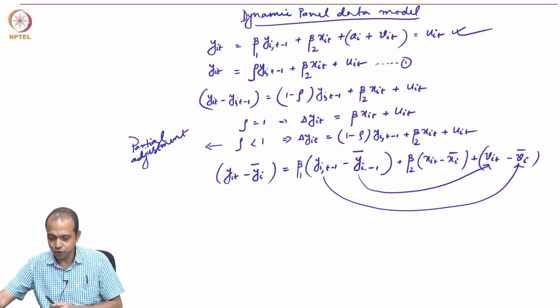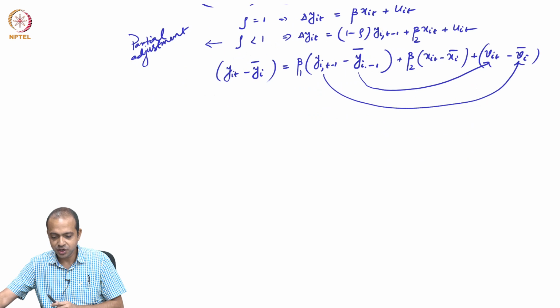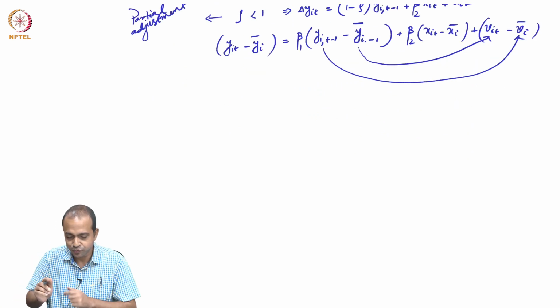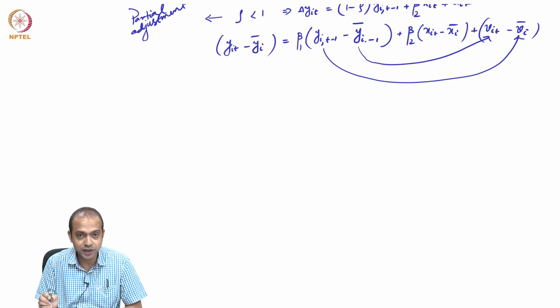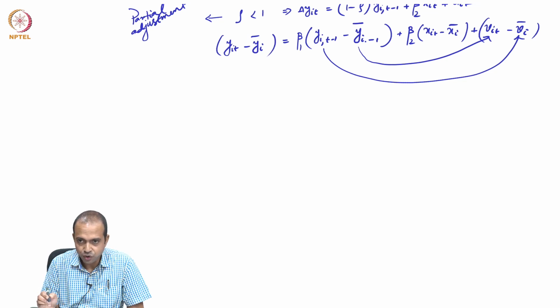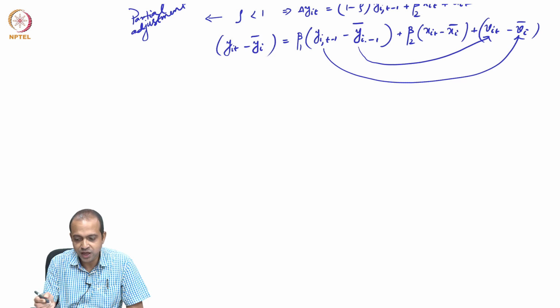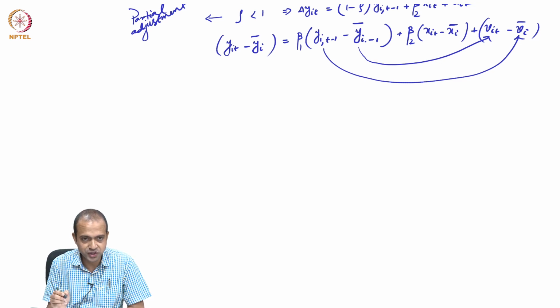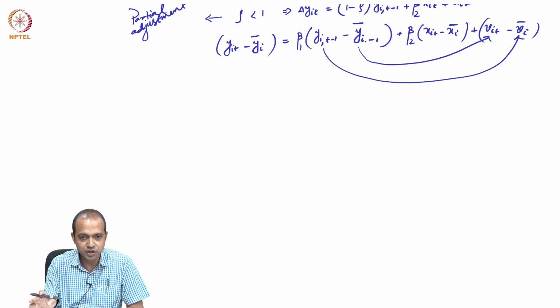So then what is the solution? When the fixed effect transformation is not applicable to estimate this type of dynamic panel data model, neither OLS nor fixed effect is applicable. Straightforward OLS application is not possible, and fixed effect transformation is also not applicable.